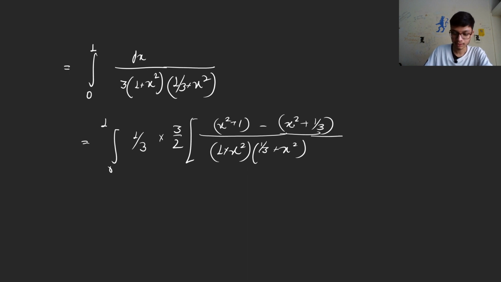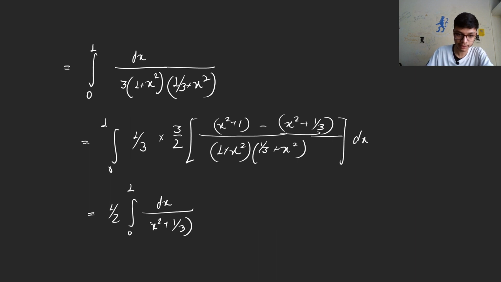That is going to be 2 by 3, and then I'm multiplying with 3 by 2, so that cancels out the result. So from here you'll get the integration as 1 by 2 within the limit 0 to 1, dx divided by x square plus 1 by 3, and minus 1 by 2 integration with the limit 0 to 1, dx divided by 1 plus x square.